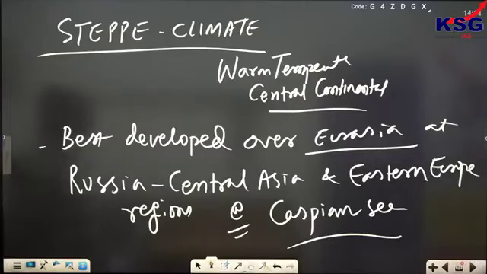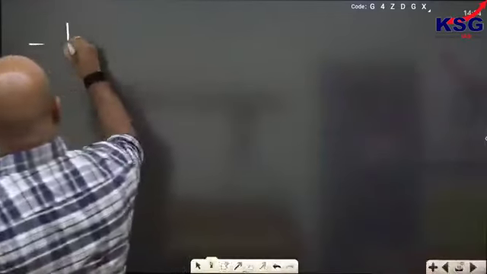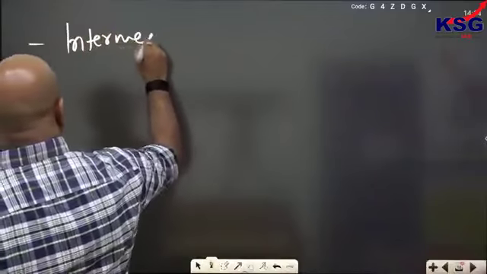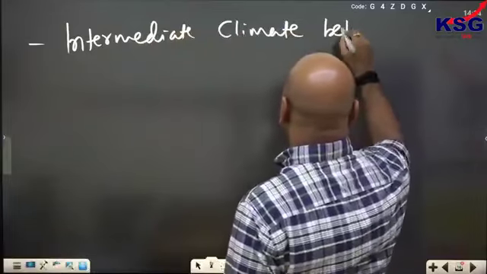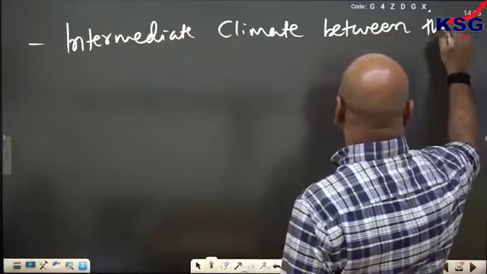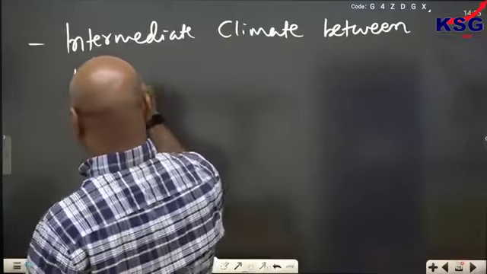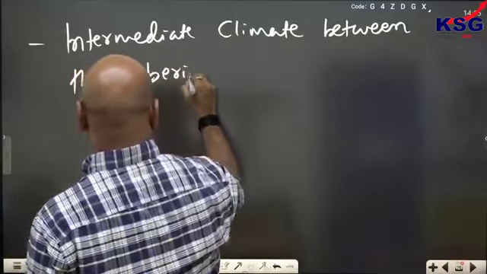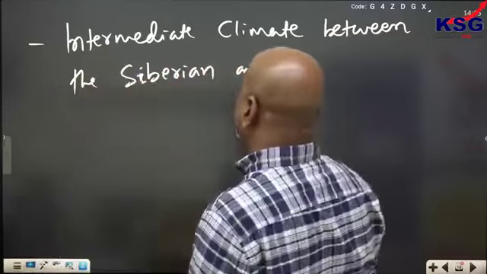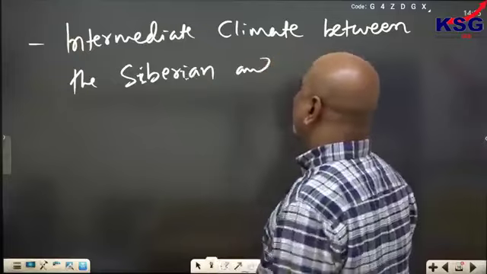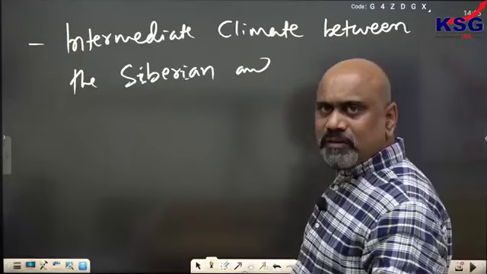Steppe climate is an intermediate climate. It is an intermediate climate between the Siberian climate and which part?